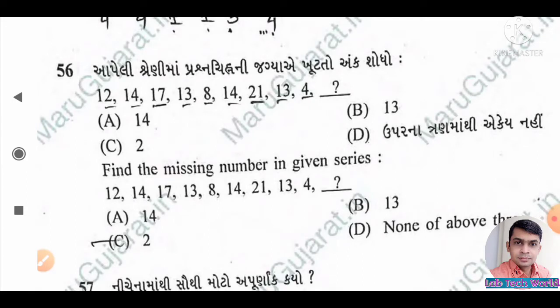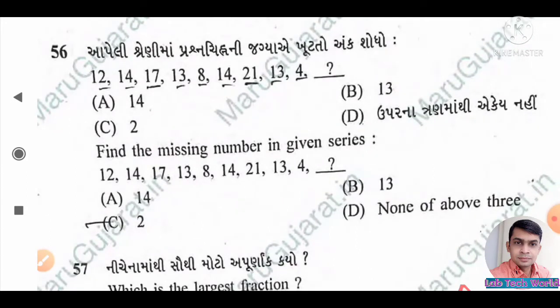Now some of the questions belong to mathematics. Find the missing number given in the series. A series of numbers is given, you have to find out the number. The series is 12, 14, 17, 13, 8, 14, 21, 13, 4, and dash. The options are A 14, B 13, C 2, D none of the above.